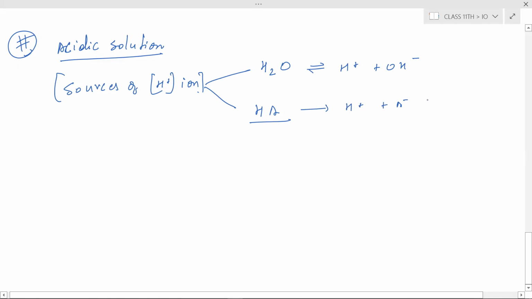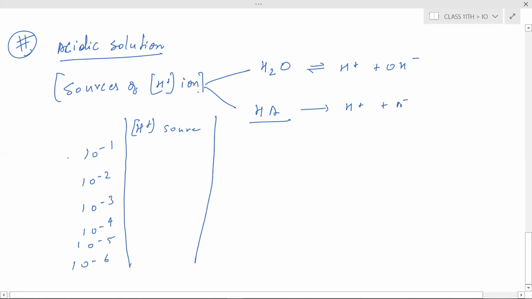Now, what happens here is, if the acid is not very dilute, like the concentration is 10 raised to minus 1 molar, 10 raised to minus 2, 10 raised to minus 3, 10 raised to minus 4, 10 raised to minus 5, or 10 raised to minus 6 molar, the considerable source of H plus is the acid only, for all these concentrations.